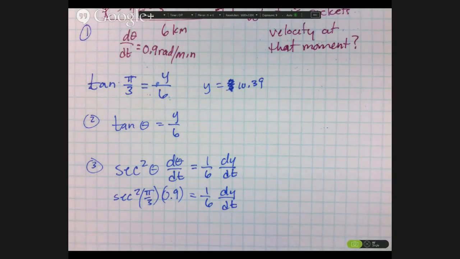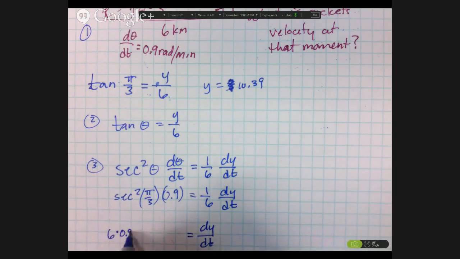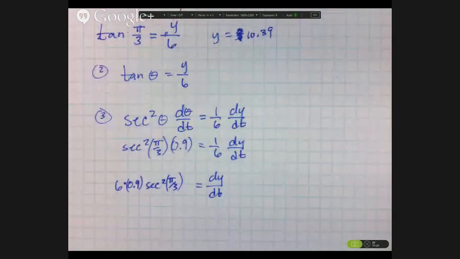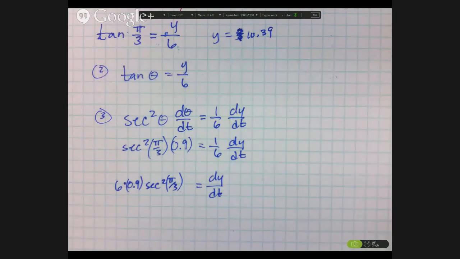Divided by 1/6, what is that? Can you solve for dy dt? Yeah, solve for dy dt. Okay, there's your, what's secant squared of pi over 3?